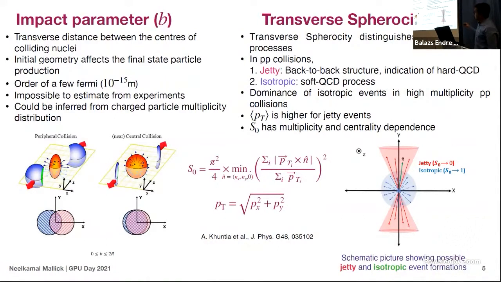Or they can be produced symmetrically in all possible directions. So this structure over here is a jet, and the blue one is given by isotropic events. This transverse velocity is an event-shape observable, which can calculate the exact value of whether the event is towards a jetty event or an isotropic event.